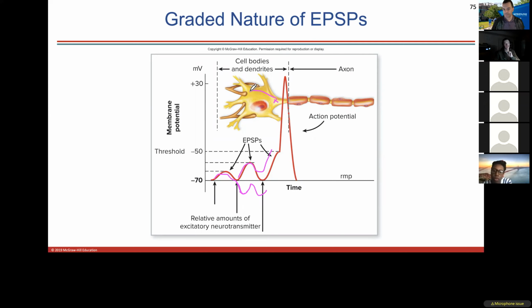It's not like an action potential, where it's a quote unquote longer distance, even though it's still relatively short. So an EPSP is even shorter than the distance between the nodes of Ranvier, for example.